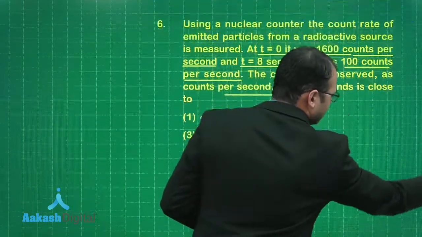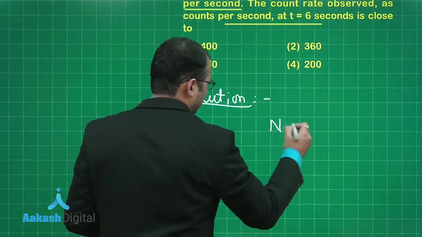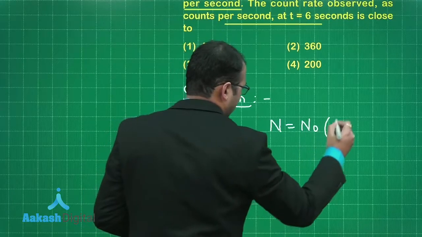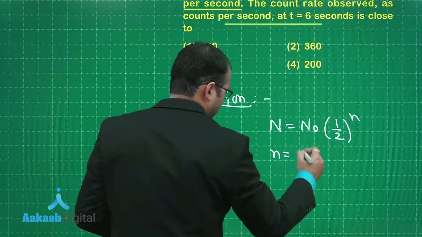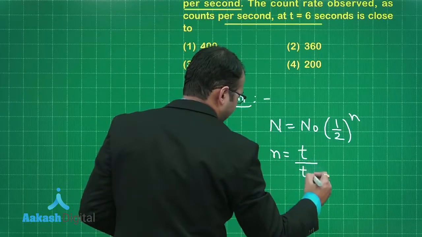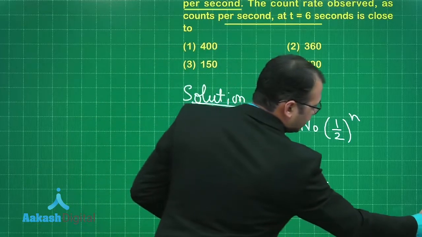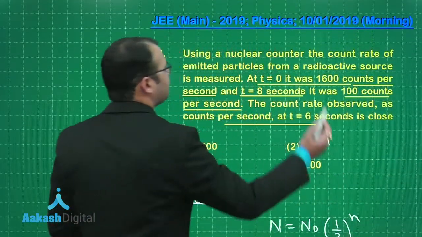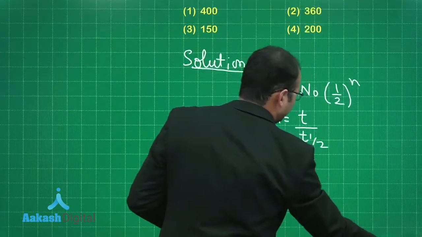So basically the count rate depends on the number of particles. So I have a formula, N equals N naught times 1 by 2 to the power n, where n is equal to the given time divided by the half-life of the particle, right? So as per the first statement given in the question, the count decreased from 1600 to 100 in 8 seconds, let's find the half-life of this sample.